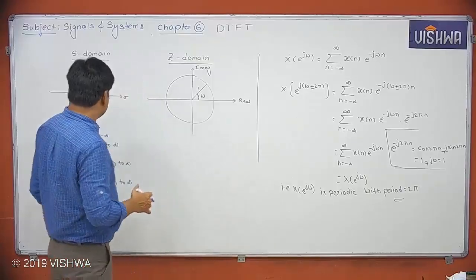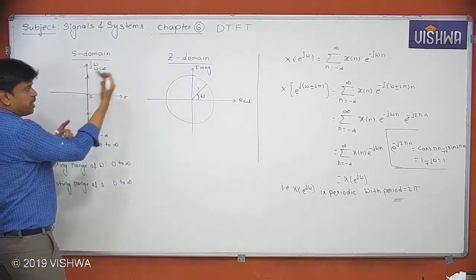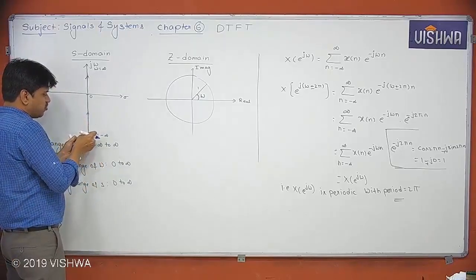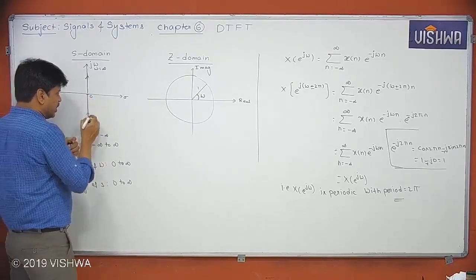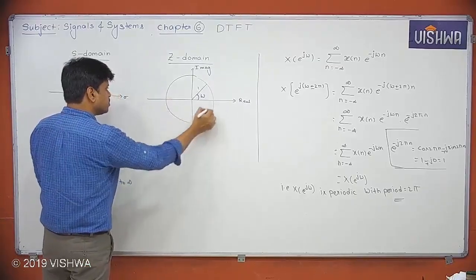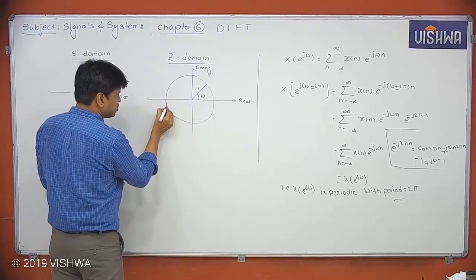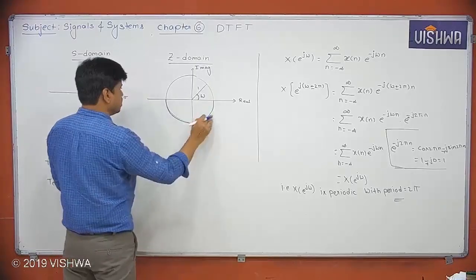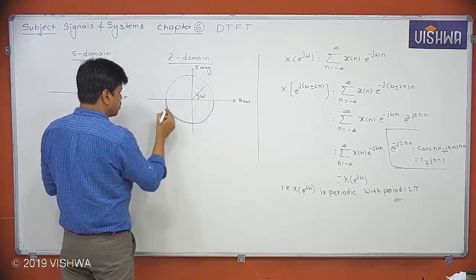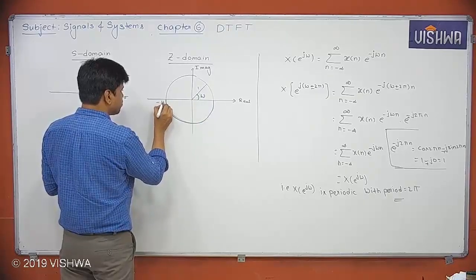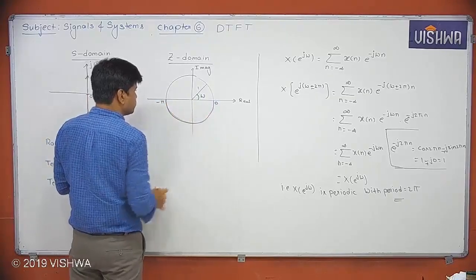While mapping from the S domain to the Z domain, the vertical line changing from minus infinity to 0 becomes the lower half of the circle, where omega goes from minus pi to 0.